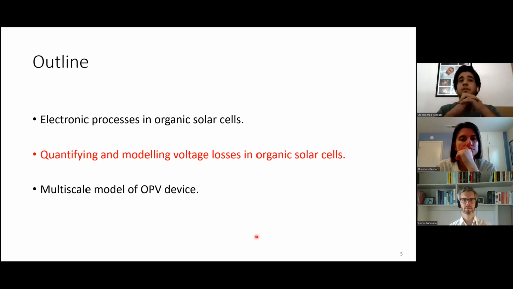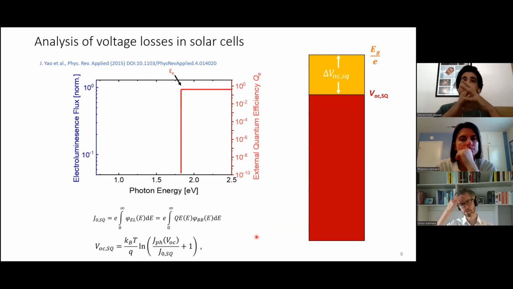So for the voltage losses, I'm going to talk first about how we can analyze the voltage losses in a solar cell. Normally we can use the Shockley-Queisser limit.